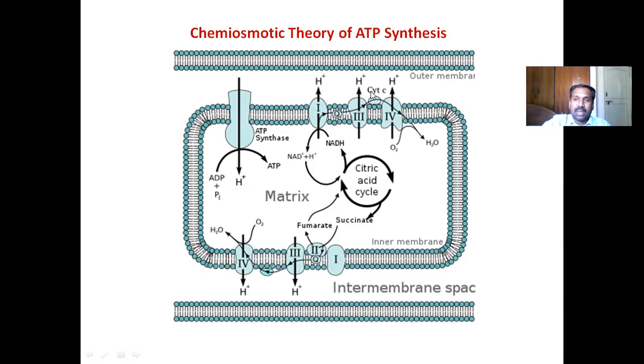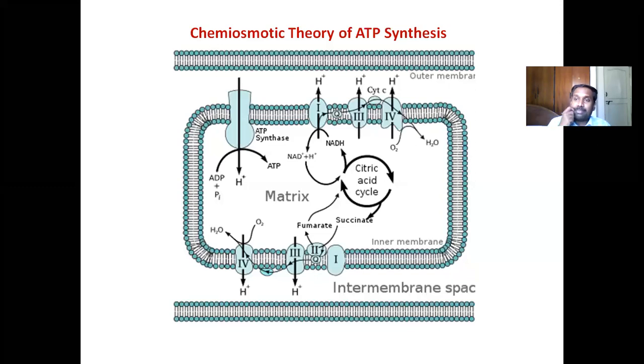The intermembrane space of the mitochondria is rich in protons, whereas the matrix is deficient in protons. So a positive charge potential is created. Where is the excess of positive charge? In the intermembrane space. And where is the deficiency? In the matrix.